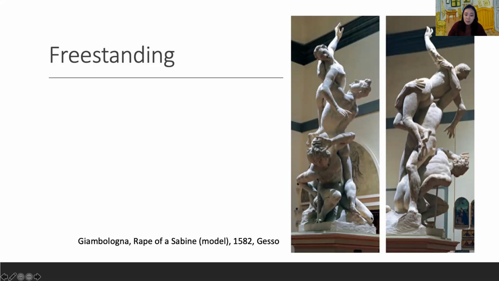And this is a powerful and beautiful sculpture by Giambologna, who is a Flemish artist working in Florence, Italy. He designed the Rape of the Sabine Women at the request of Florence's ruler, Francesco de Medici.